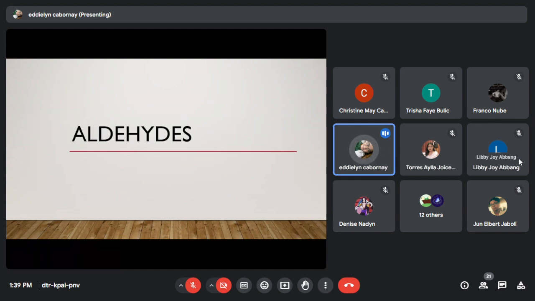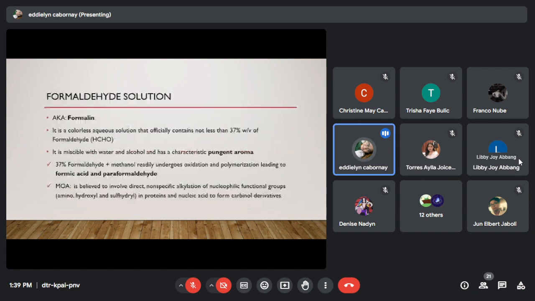Okay, so let's move on to the aldehydes. Aldehydes are named from the dehydration of alcohols. Let's talk first about formaldehyde. Formaldehyde solution is also known as formalin. It is a colorless aqueous solution that officially contains not less than 37% weight over volume of formaldehyde, HCHO.